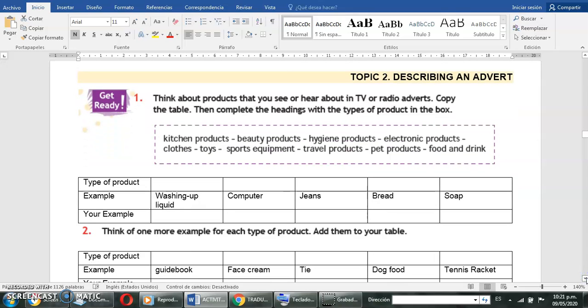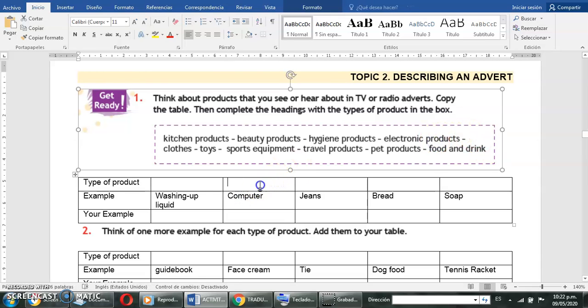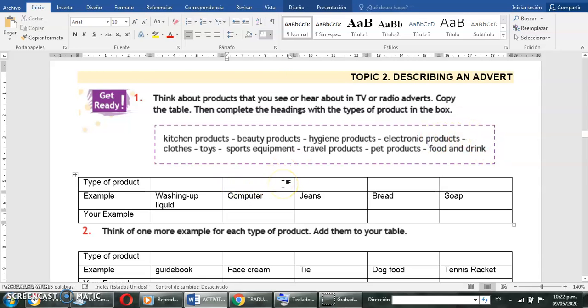The topic 2 is describing an advert, so you have to match these words, these examples, with this type of products. For example, computer. What type of product is a computer? Maybe an electronic, so you have to write here electronic products.